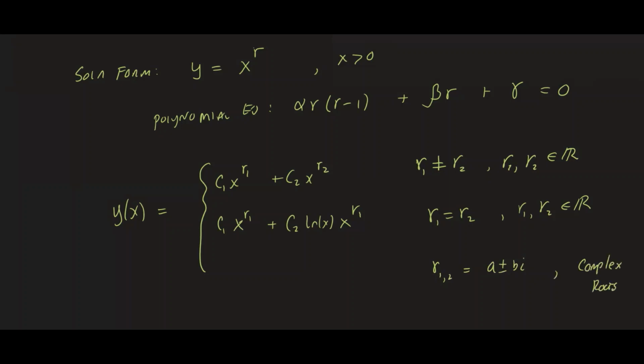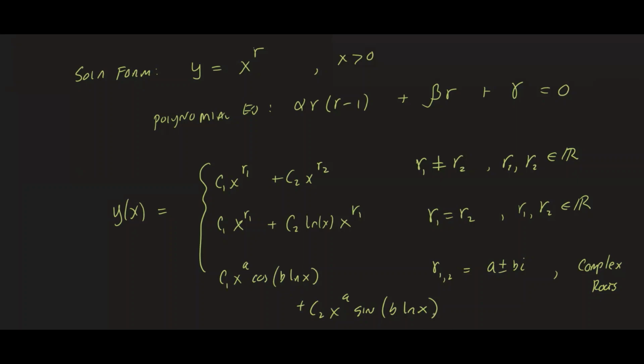So that means our solution now is going to be c1 x to the a times cosine of b times ln of x, plus c2 x to the a times sine b ln of x. So that will be the solution if the roots happen to be complex roots, okay?